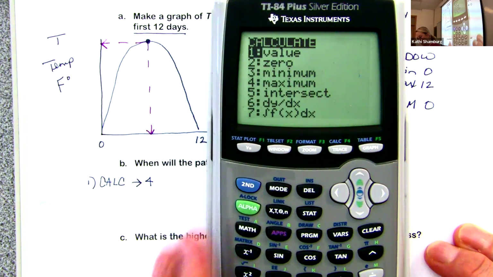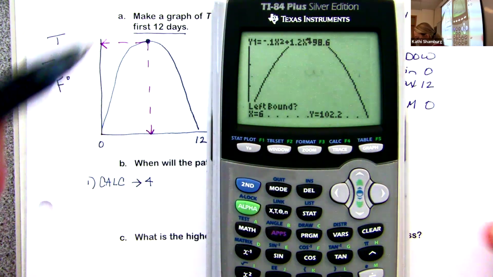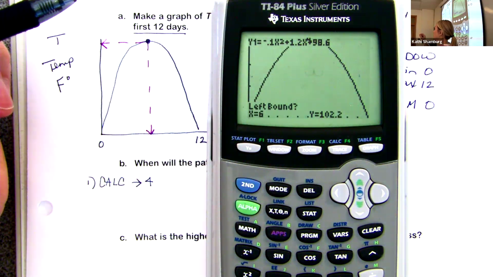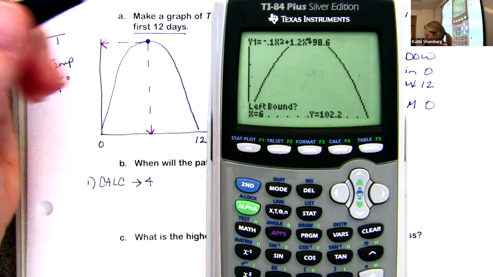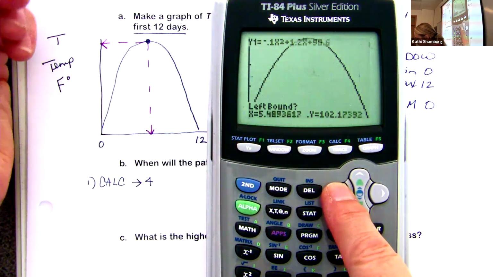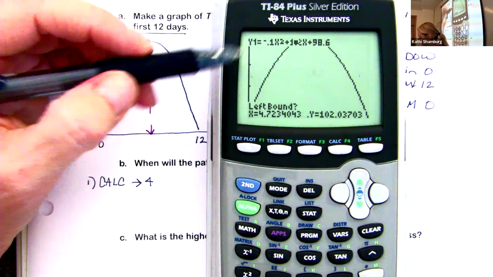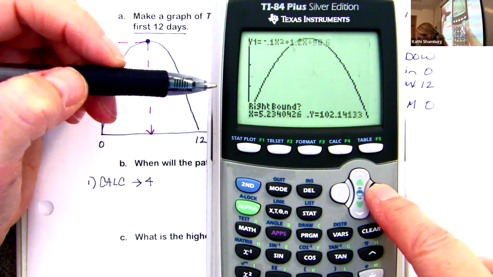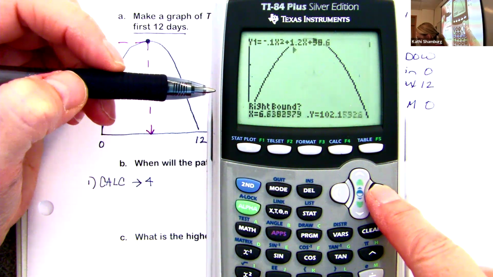Second Calc 4. Okay. Ooh, I'm getting ready to sneeze. Look at the light. It'll go away. All right, left bound. I can't really see my cursor, so I'm just going to go over till I kind of see that it is to the left. Enter. Now I'm going to do the same thing and put it to the right somewhere.